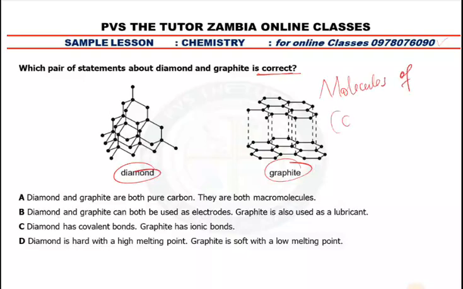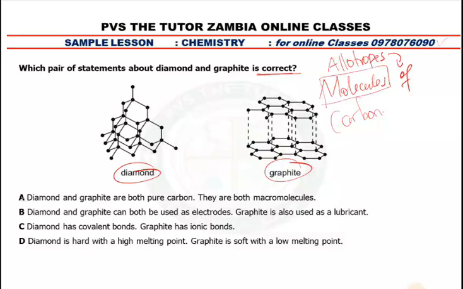Carbon, right? Let me not just say molecules, but let's say allotropes. They are allotropes of carbon. That means they are of the same make as carbon. They exist in a different form, but they are all made up of carbon. They all have carbon bonds in them.